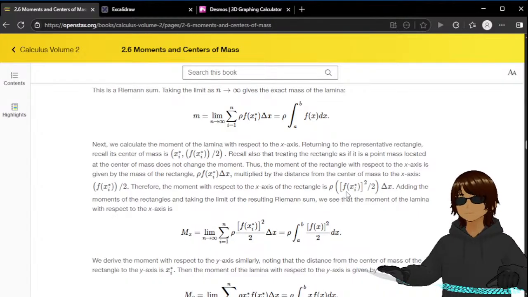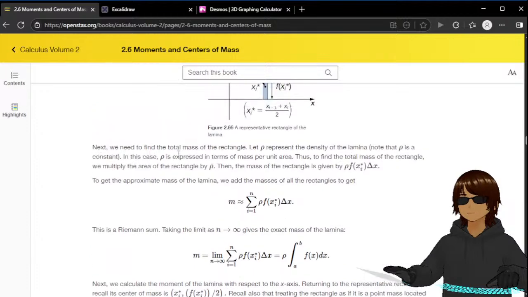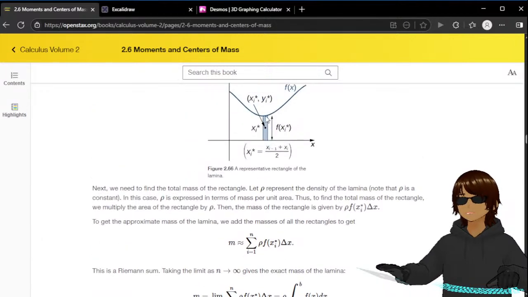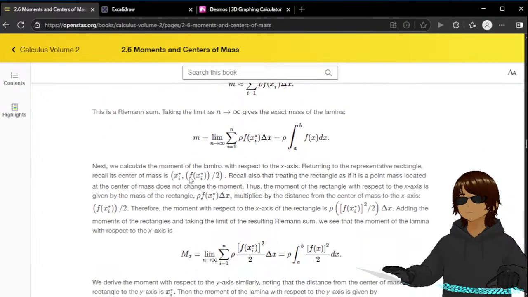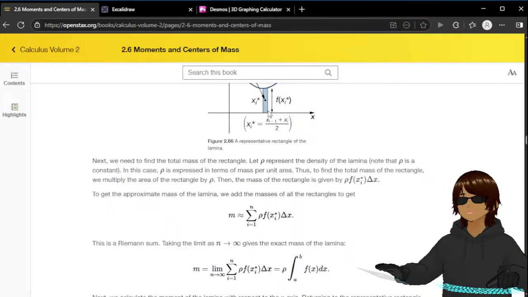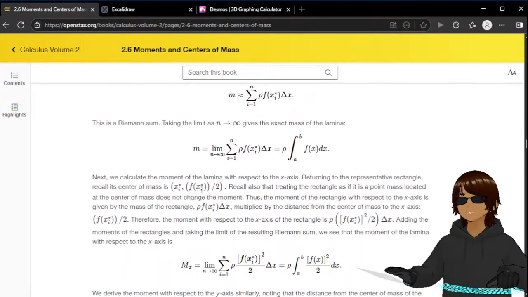Next, we calculate the moment of the lamina with respect to the x-axis, returning to the representative rectangle. Recall that its center of mass is x_i. For a rectangle, the point is at x_i, so we take that x_i point, then f of x_i divided by 2.